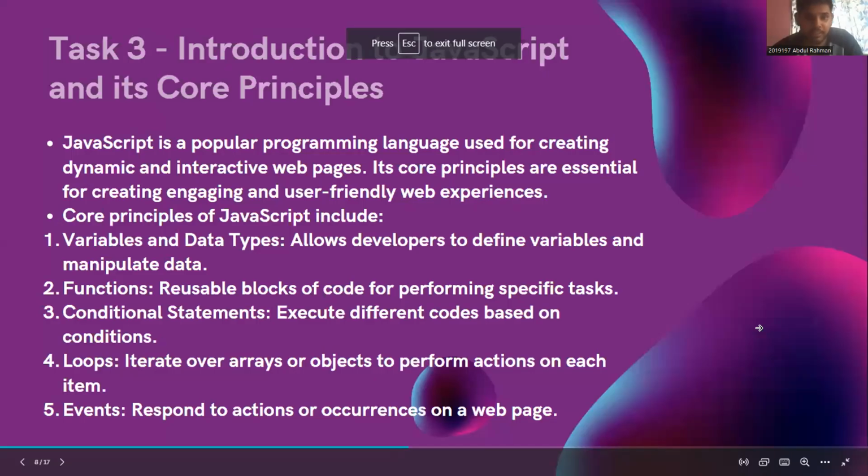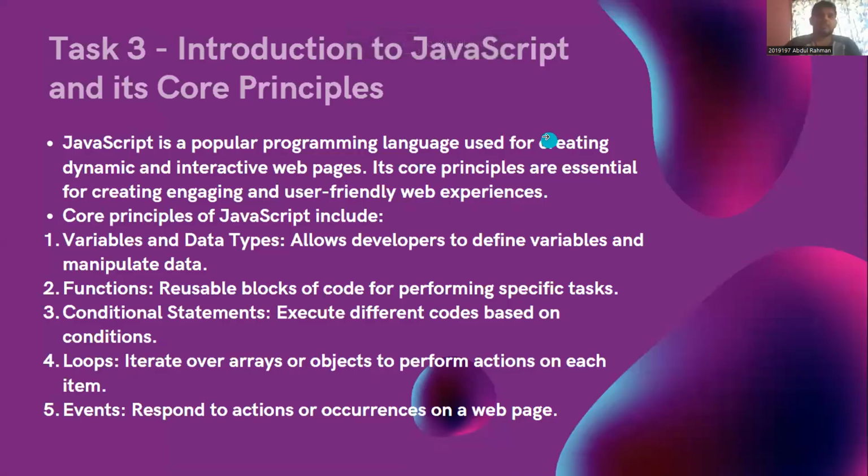And my next task is about introduction to JavaScript and its core principles. JavaScript is a programming language which is used for creating dynamic and interactive web pages. And its core principles are essential for creating engaging and user-friendly web experiences, and they include variables and data types, functions, conditional statements, loops, and events.